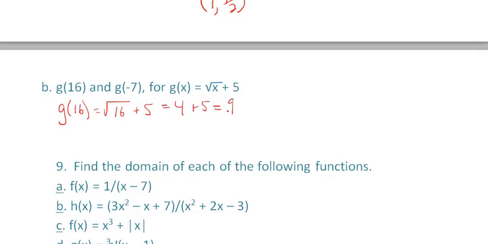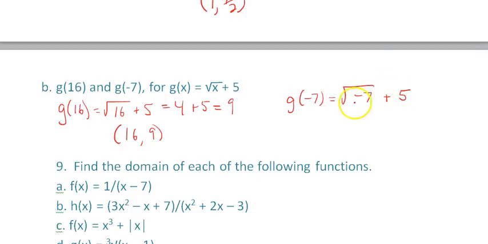And so since I got a 9 as an output and 16 was an input, that means that I have the point (16, 9) on that graph, and it looks like 16 would be part of the domain. Now if I look at g of negative 7, it would be the square root of negative 7 plus 5.